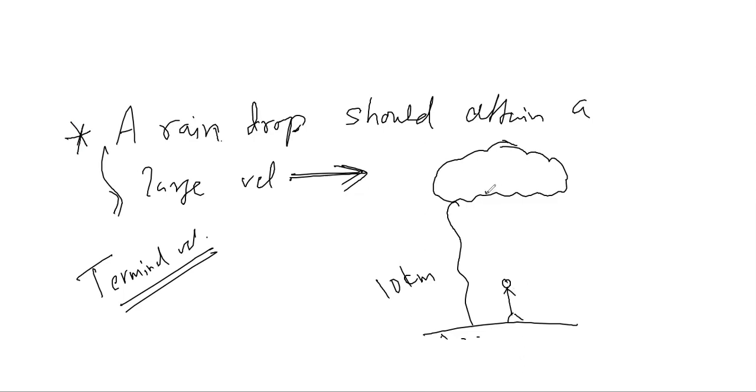Now tell me, if a small object falls from the cloud from rest, what is the velocity with which it strikes the head of the person? Neglect any drag force here, and take g as 10 meters per second squared. Please try to do it.